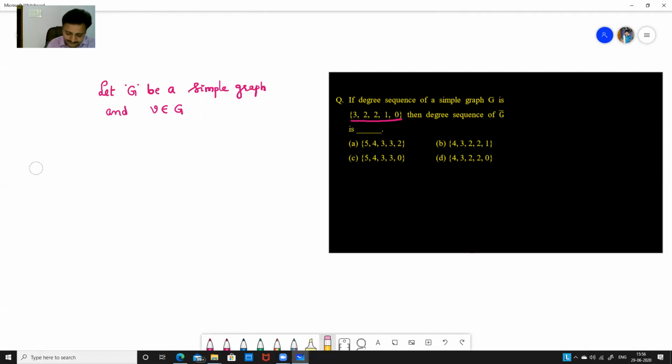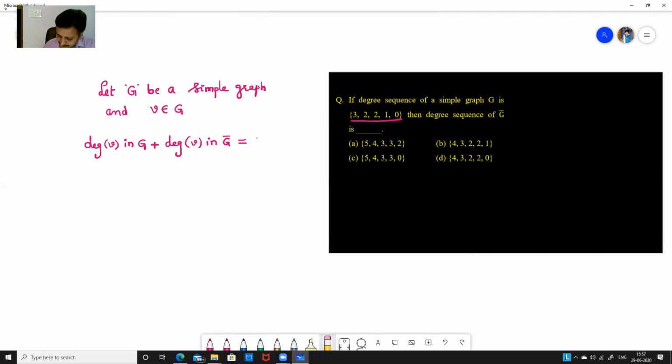The principle is: degree of V in the given graph G plus degree of V in G bar must be equal to the number of vertices minus 1.